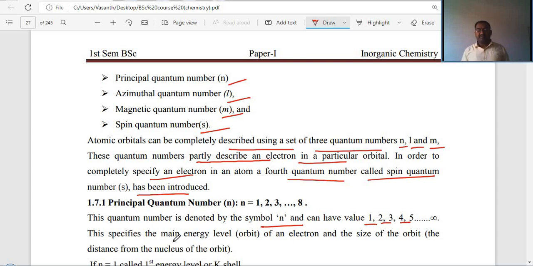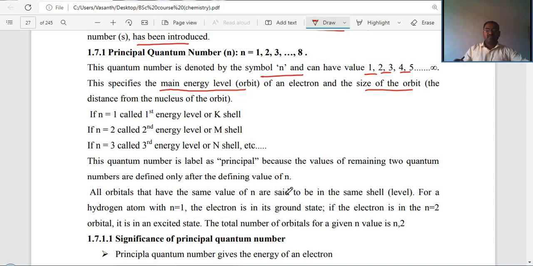This principal quantum number specifies the main energy level, meaning the orbit of an electron, and the size of the orbit.